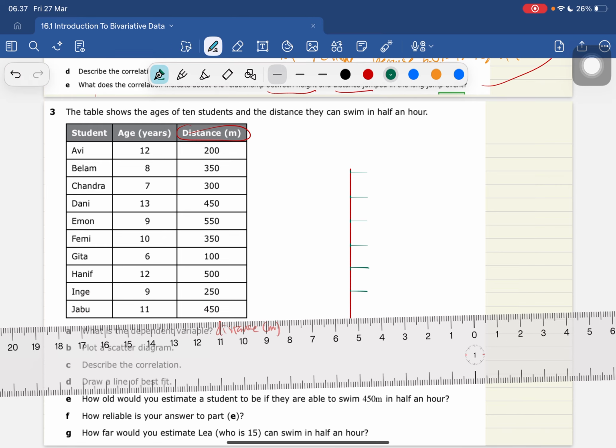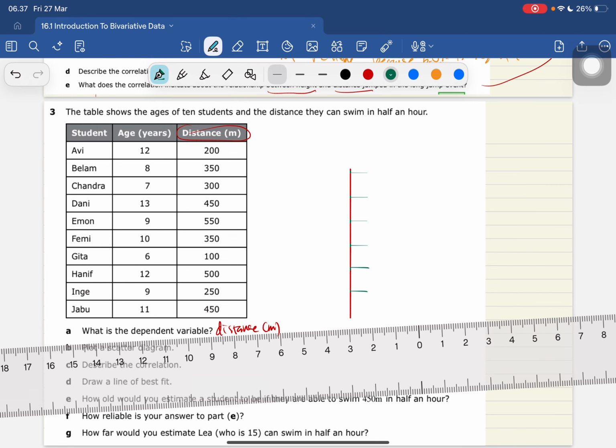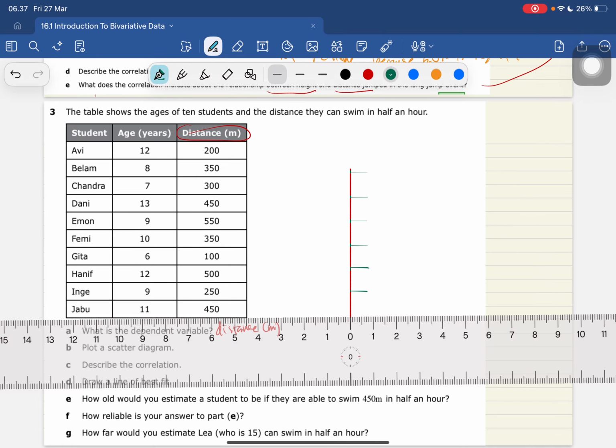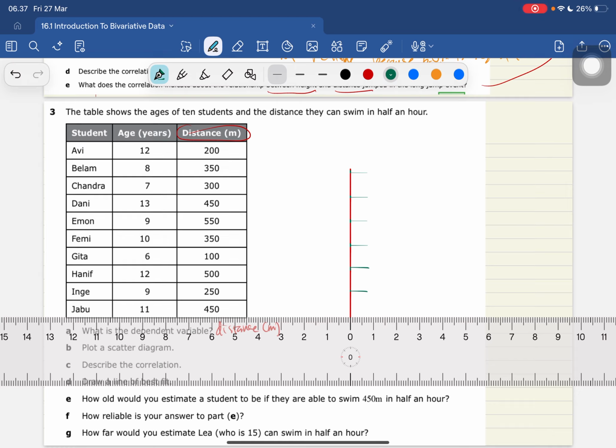Okay, then next we will make it the age of the year. Let's count it in 2, 3, 4, 5, 6, 7, 8, 9, 10, 11, 12, 13, 14, and let's make it until 16 here.